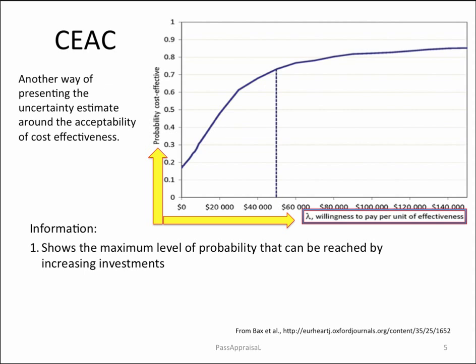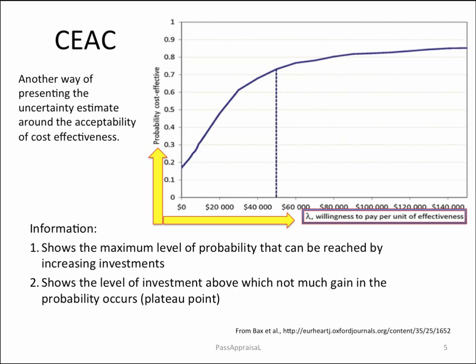CEAC has several potential uses. It shows the maximum level of probability or confidence that can be reached by increasing investments in a healthcare project. It also shows the level of investment above which not much gain in confidence would occur. This is the plateau point.